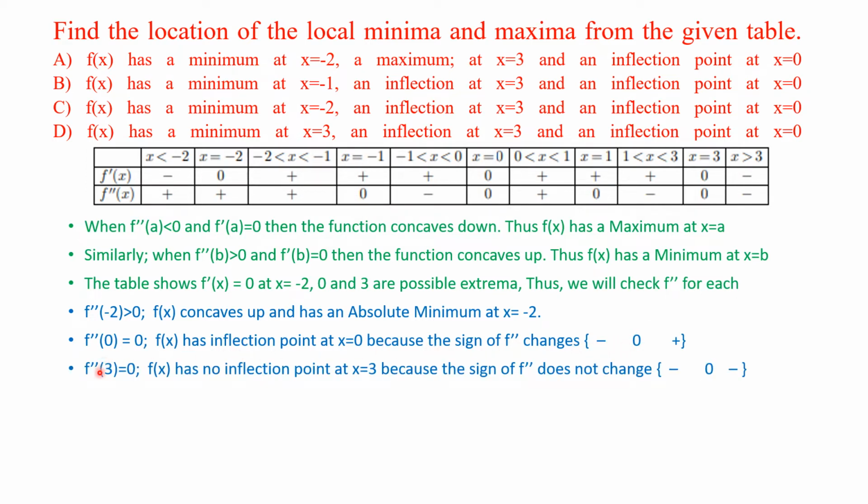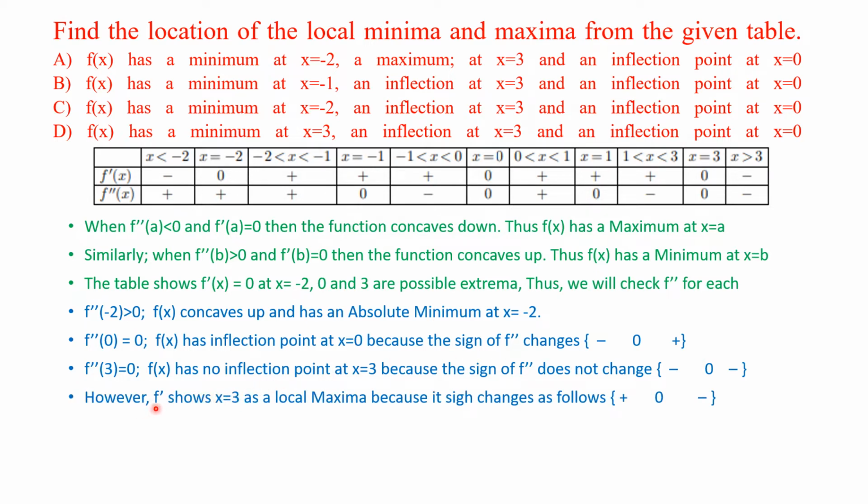f double prime of 3 equals 0. f of x has no inflection point at x equal to 3 because the sign of f double prime does not change. The function passes through the point but does not change the sign. So this is not an inflection point.